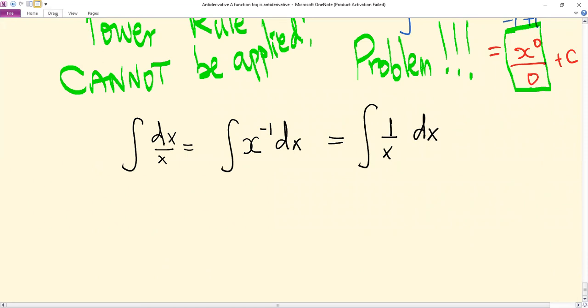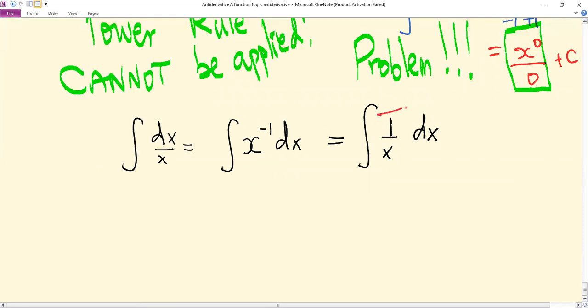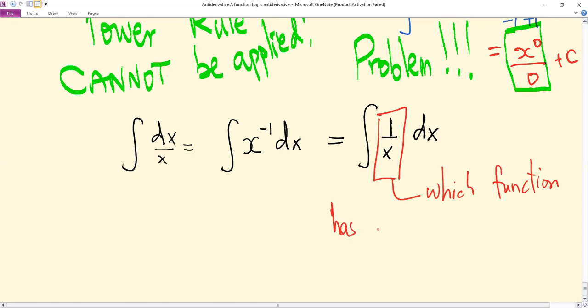So the question we ask ourselves, or what this one means, is which function has a derivative equal to 1 over x. That's really what this problem is asking about. What function do you differentiate to get 1 over x?